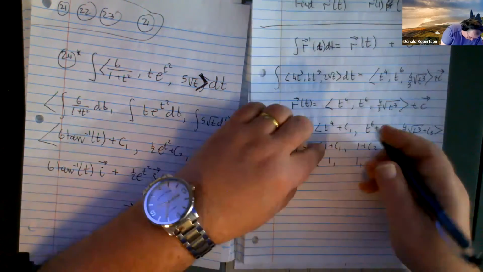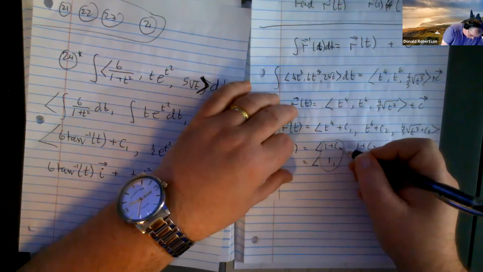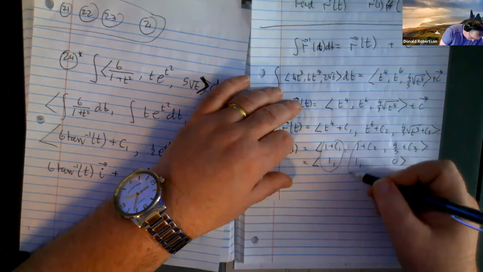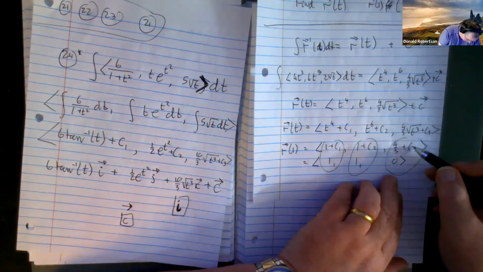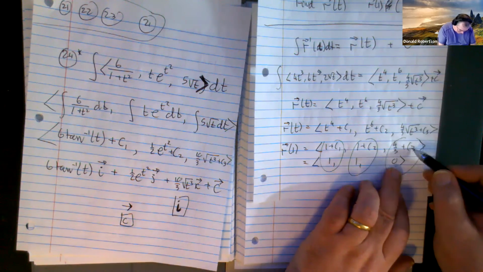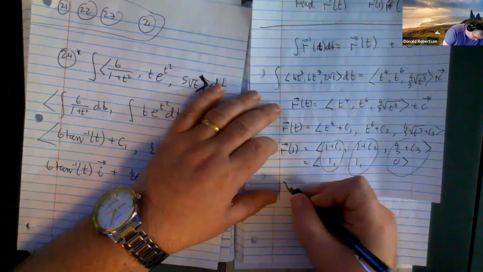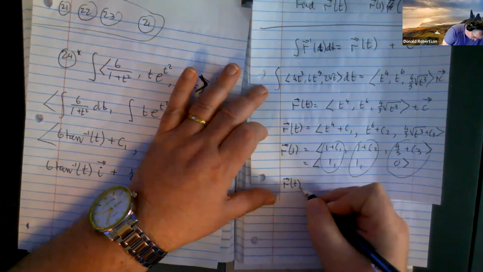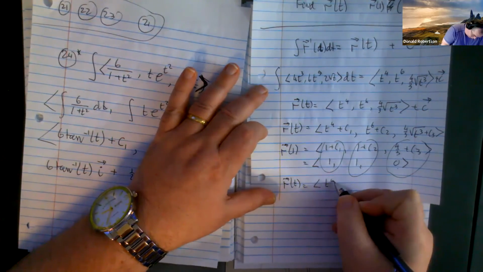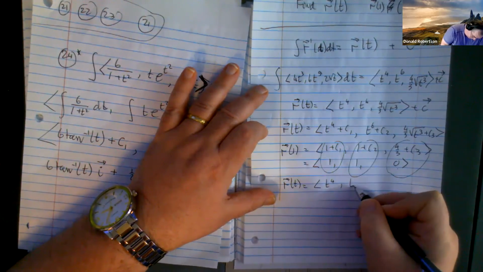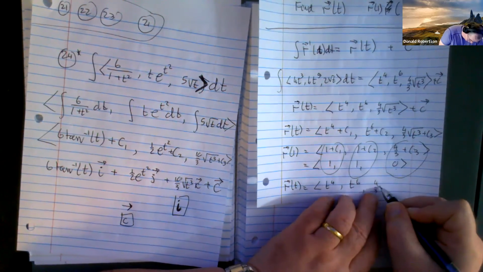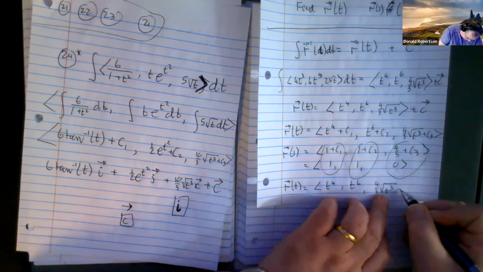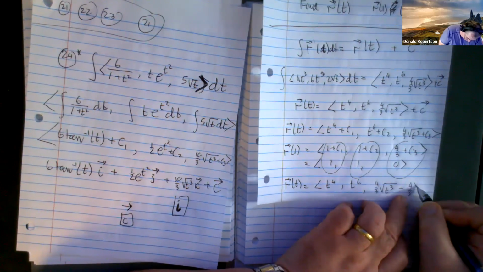So if you match these together, doesn't that make C1 0? If you match these two together, it makes C2 0. And if you match these two together, it makes C3 -4/3. So the final answer is t to the 4 plus nothing, t to the 6 plus nothing, and 4/3 t cubed minus 4/3.